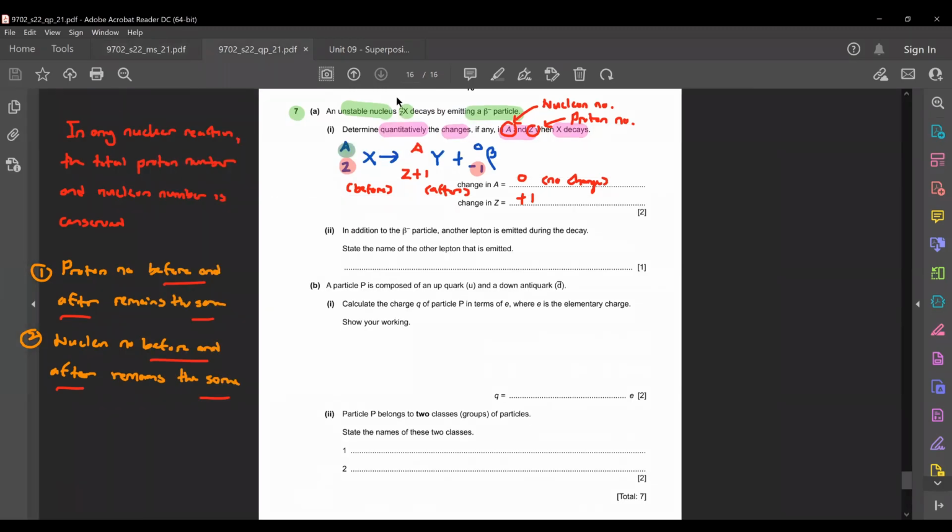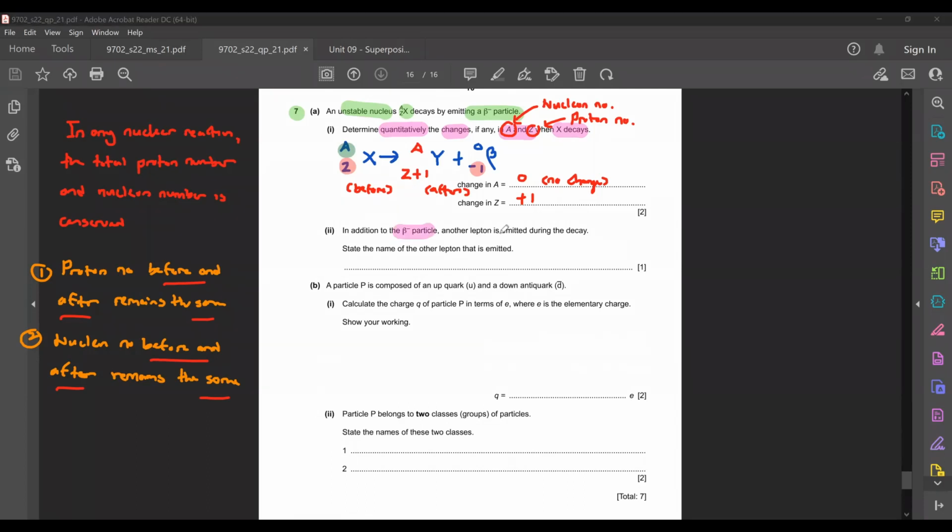Okay, now in addition to your beta minus particle, another lepton is emitted during the decay. State the name of the other lepton that is actually emitted here. So for beta minus particle, we know that you're talking about beta minus decay.